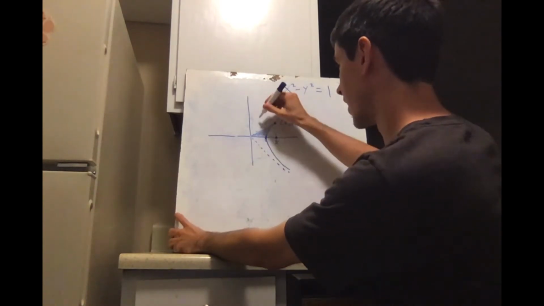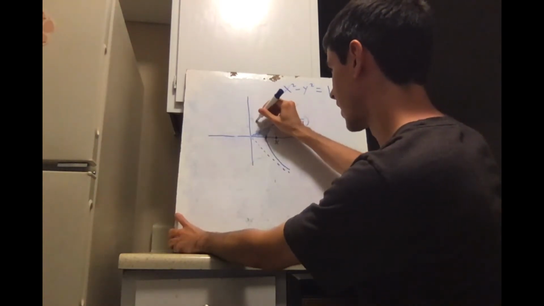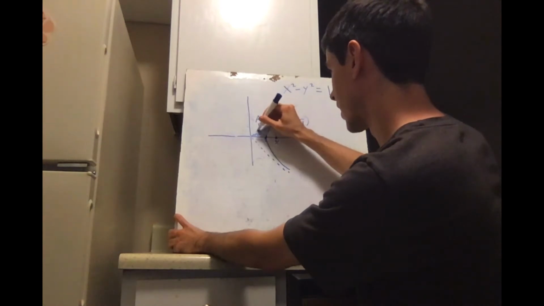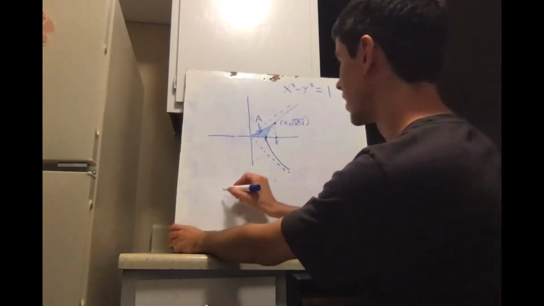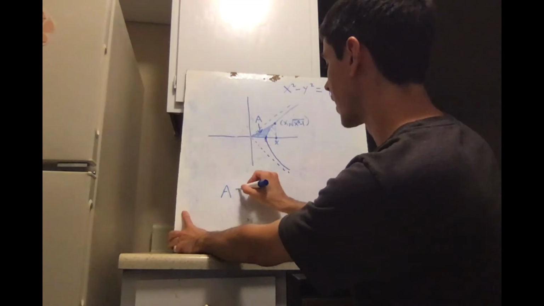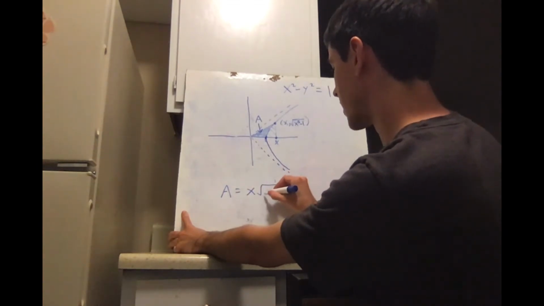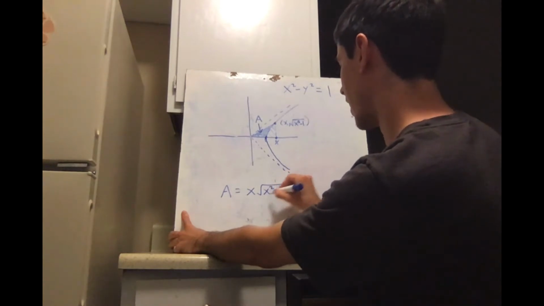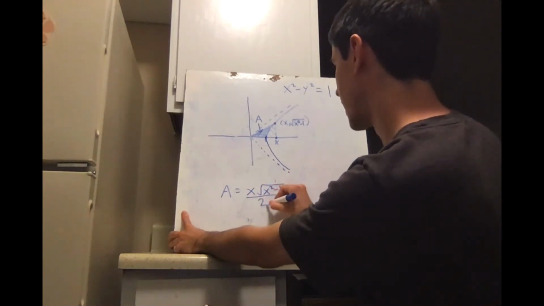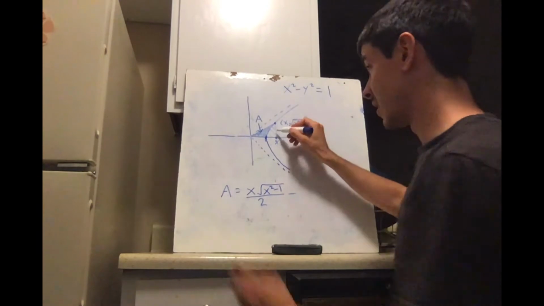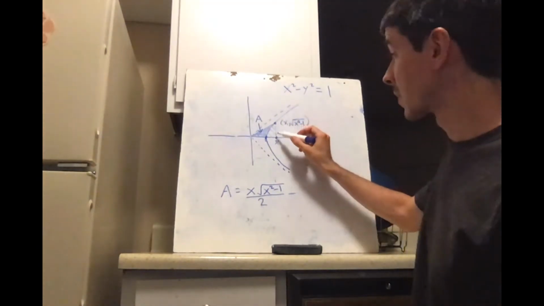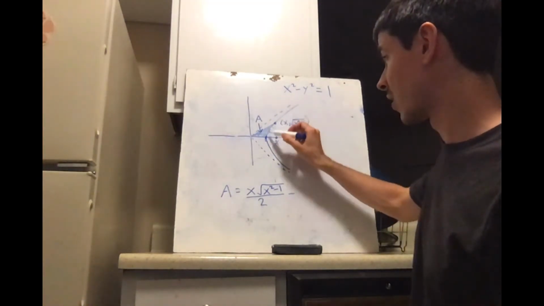So the desired area, and let's call this desired area A, the shaded region is A. So A equals x, the base, times the square root of x squared minus 1, the height, over 2, minus the area of this curvilinear triangle right here.